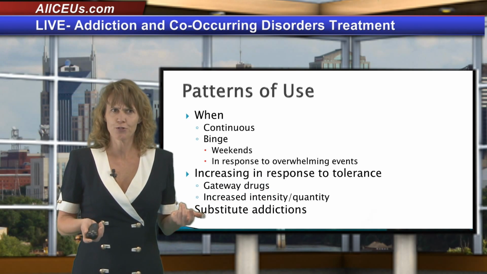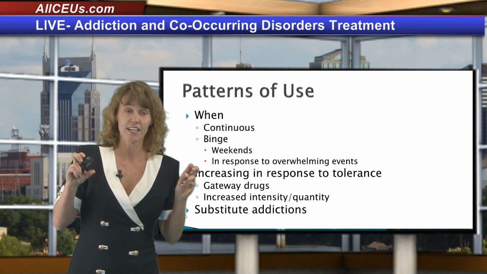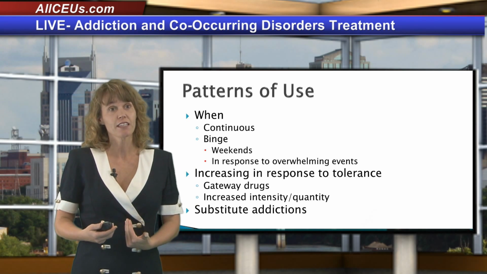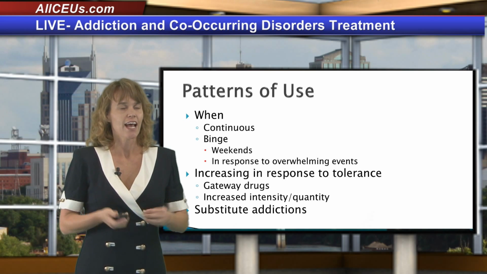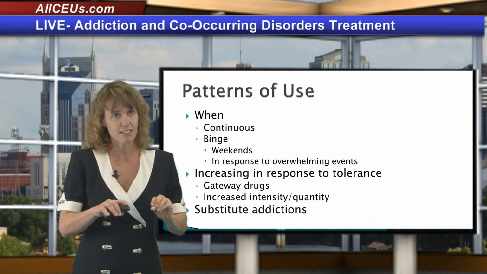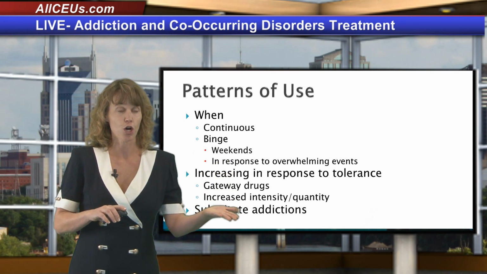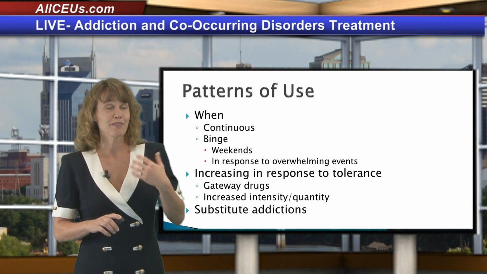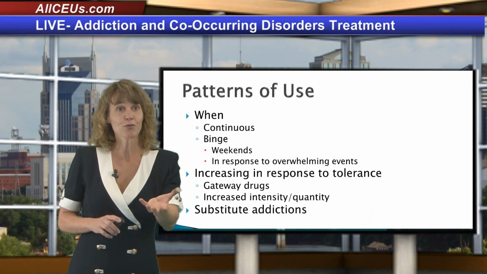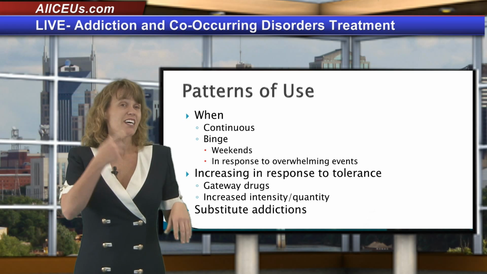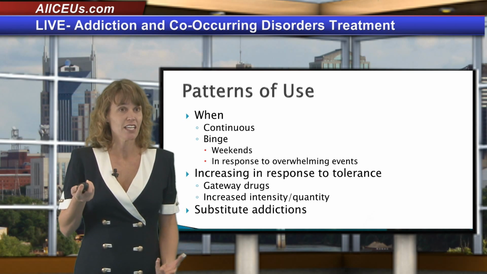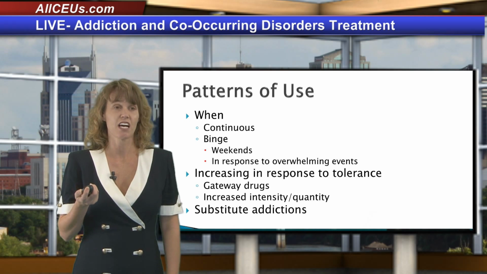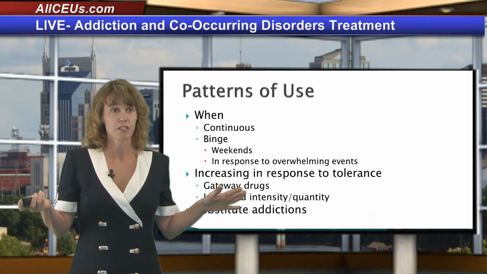If every time you turn around they're having an overwhelming event, that means to me that they're probably having difficulty dealing with life on life's terms. And again, that could be because they have inefficient coping skills. It could be because there's an underlying mood disorder. It could be because there's an underlying physical disorder where they've got chronic pain and they're not getting enough sleep and they hurt all the time and they just can't deal with life.